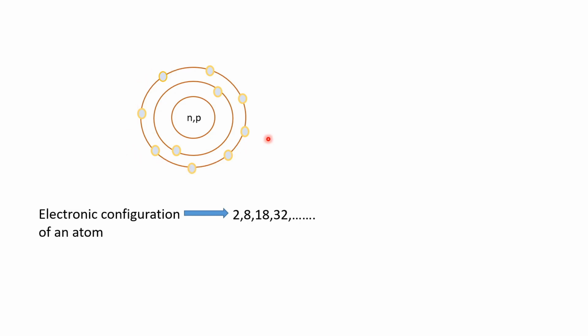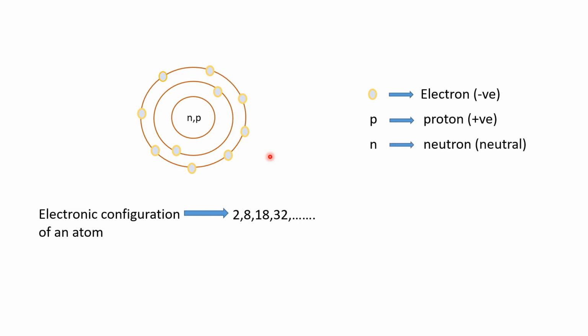Now let's see the relation between these members, N, P and the electrons of an atom. What is the relation between them? So this is an electron, which has a negative charge. P is the proton, which has a positive charge, and N is the neutron, which is neutral in charge. That is, it is neither negative nor positive.